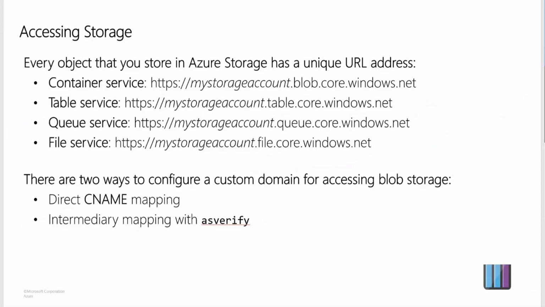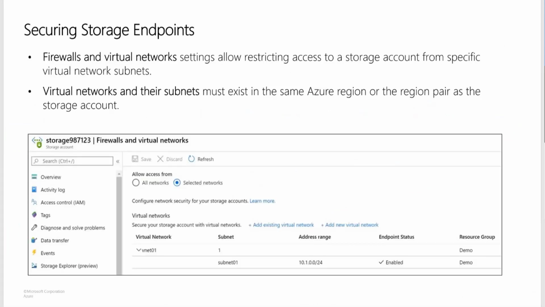Perfect. The steps necessary to restrict network access to Azure services vary across services. For accessing a storage account, you would use the firewalls and virtual networks blade to add the virtual networks that will have access. Notice you can also configure allow access to one or more public IP ranges here.